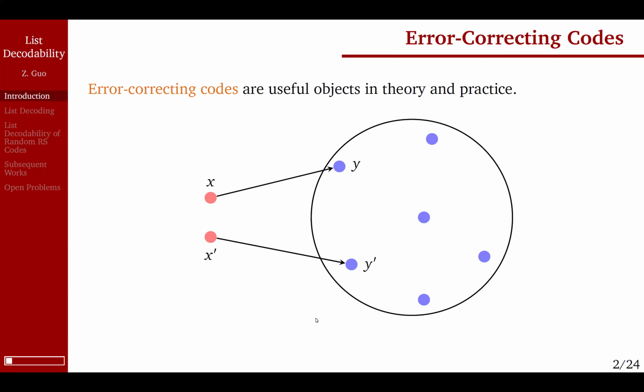To battle against noise, you want to encode the message so that X or X prime get encoded into code words, and these code words are far from each other, so that even if some error happens, you can still tell from the received word which code word it comes from.